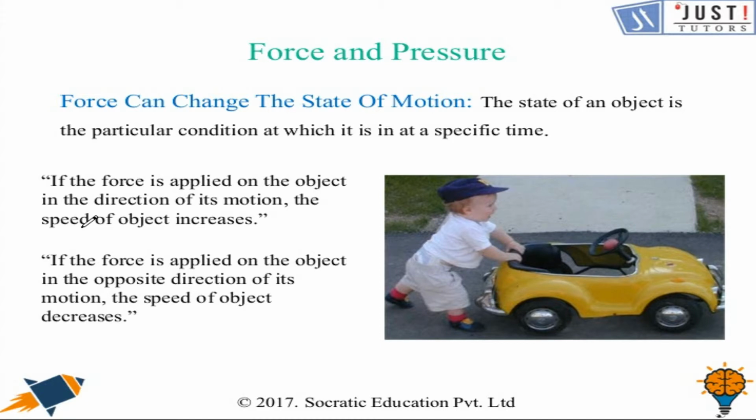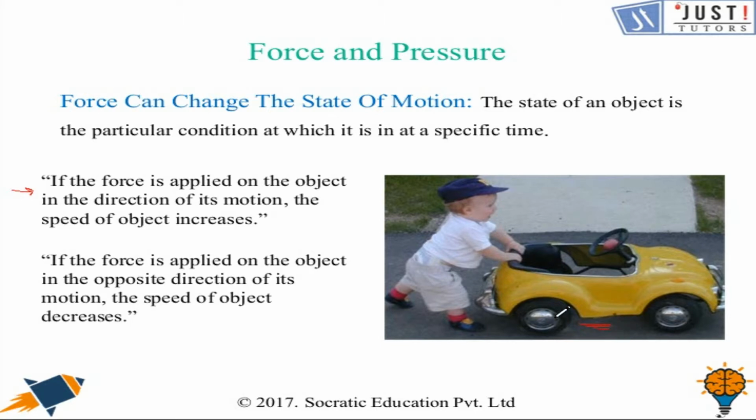If the force is applied on the object in the direction of its motion, the speed of the object increases. You can see in this picture that this car is already moving and this little kid is applying force in the same direction, so the speed of this car will increase.